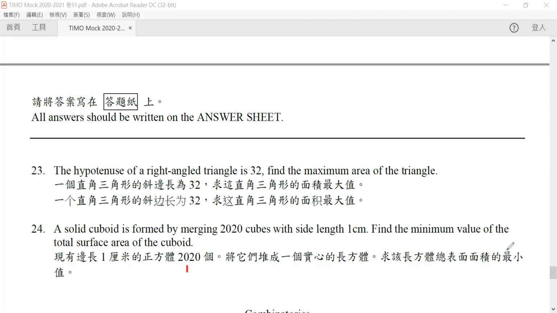Again, if we want the smallest perimeter, we want the lengths to be as close together as possible. The length, width, and height must be as close as possible.